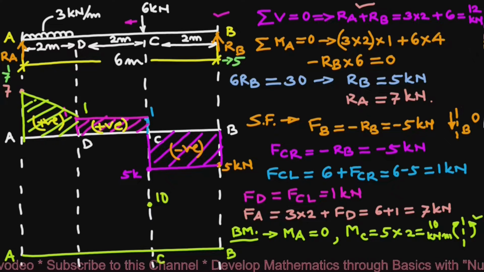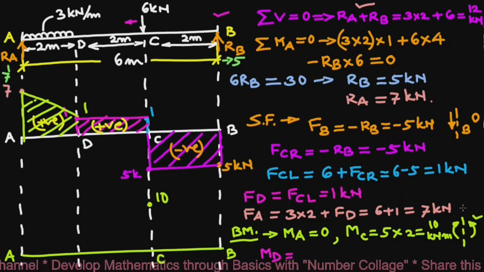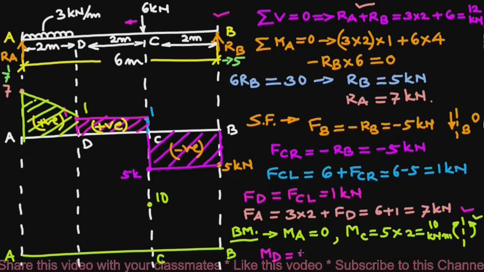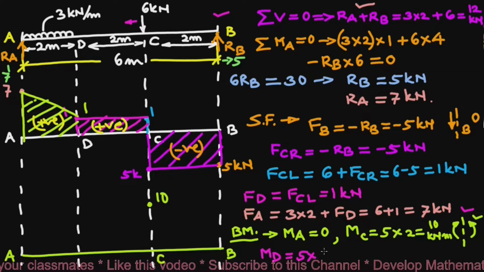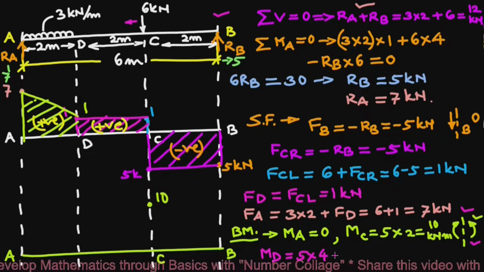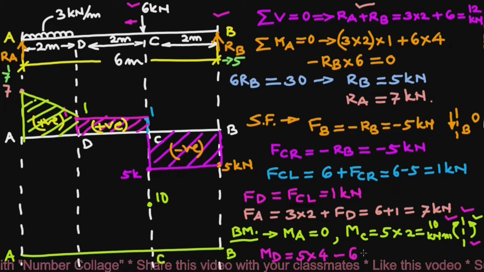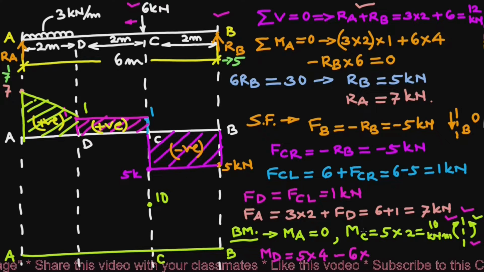Next, bending moment at point D, MD will be according to the same sign convention. Bending moment due to reaction RB, which is 5 multiplied by its distance from point D, which is 4, then minus 6 kilonewton, which is this, multiplied by its distance from point D, which is 2.